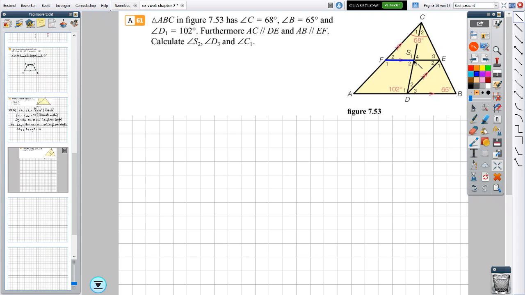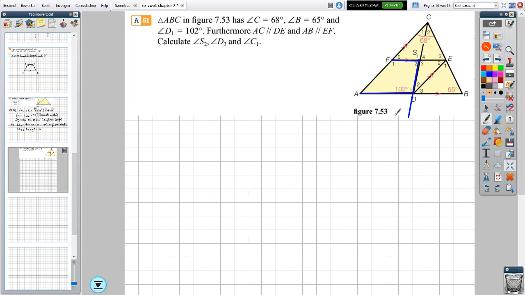If you look closely, you will see that there is an F angle, a corresponding angle like this, because this line is parallel to this line, which means that this angle and this angle are the same, and this angle and this angle are the same, right? That helps us because if we know S1, we know S2 as well, because we can calculate that using the rule for a straight angle.